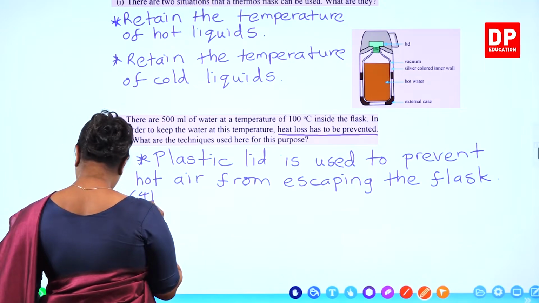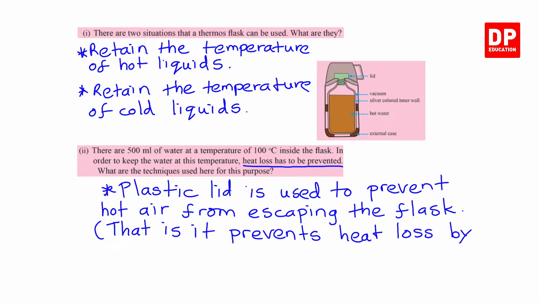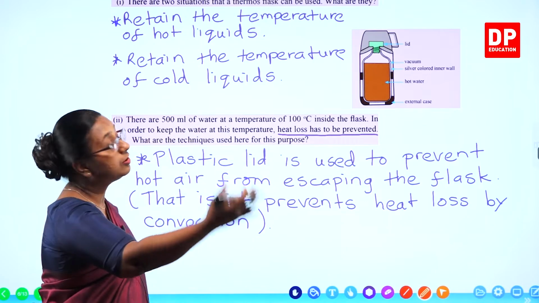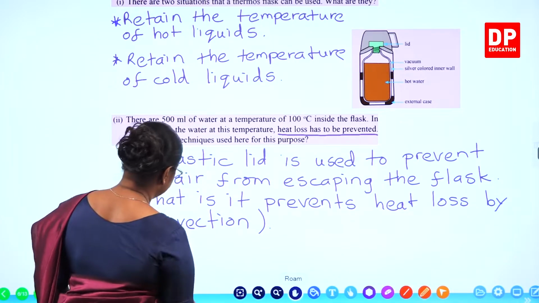That is, it prevents heat loss by convection. Always, you all know, hot air goes up, but it cannot go out of the flask because of the plastic lid. That is one technique.